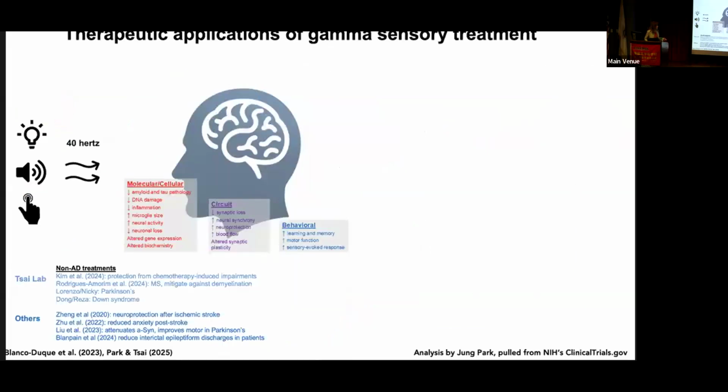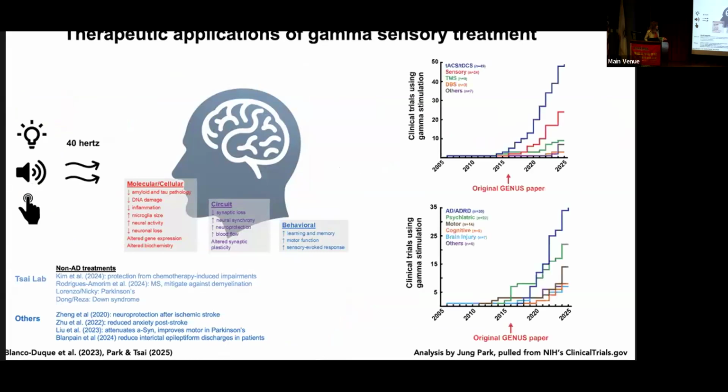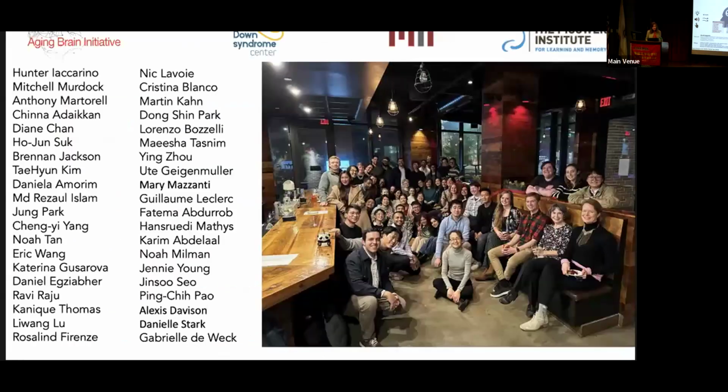And today, since our initial publication, there are a lot of human clinical trials ongoing based on the 40 hertz stimulation. There are more than 100 clinical trials ongoing targeting many different diseases. And I think it will be very exciting to see the results.